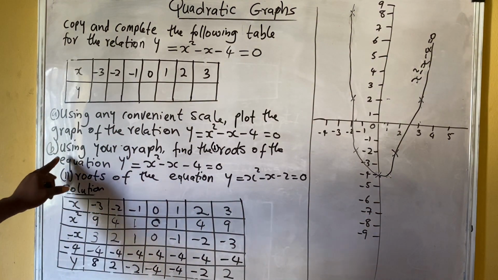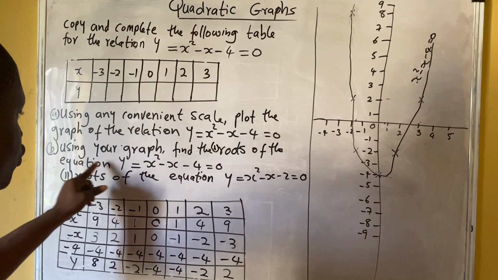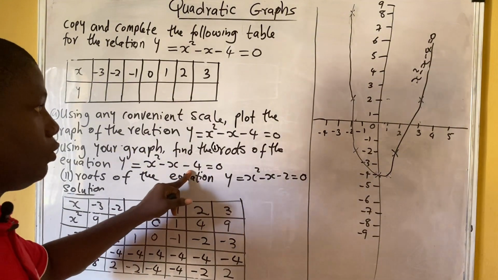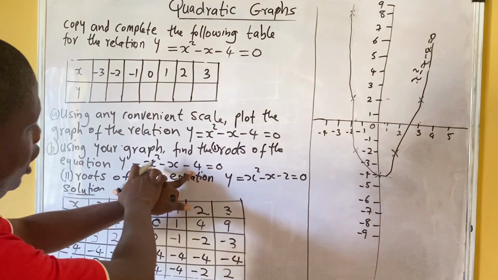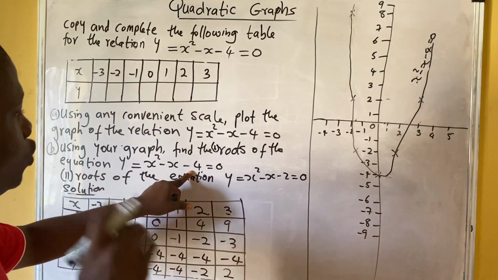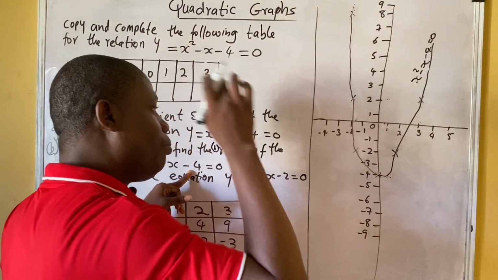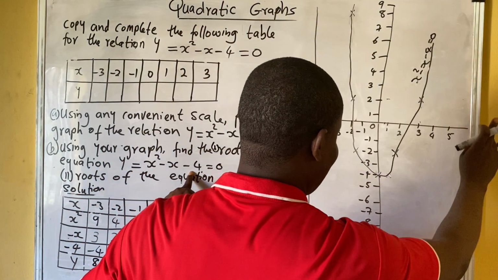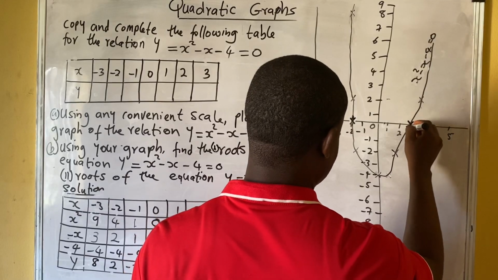The question says, using your graph, find the root of the equation y equals x squared minus x minus 4. Okay? So this is the curve for this quadratic equation. So the root of this quadratic equation will be the point where the curve intersects with the x-axis. The points are this point and this point.